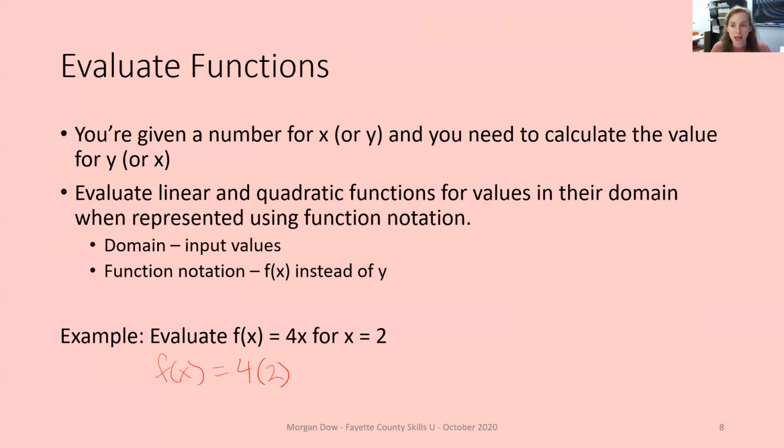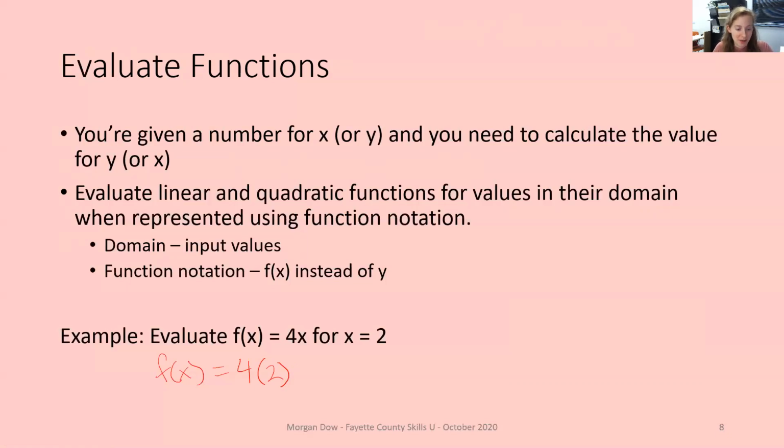That's a good habit to get into whenever you are replacing a variable with an actual number, is to put parentheses around it. It will help you keep track of positives and negatives. It'll also just help you keep track of what are the changes that you've made to this equation. It makes it a lot easier. So I'm going to plug in that 2, and then I'm going to chug through this calculation.